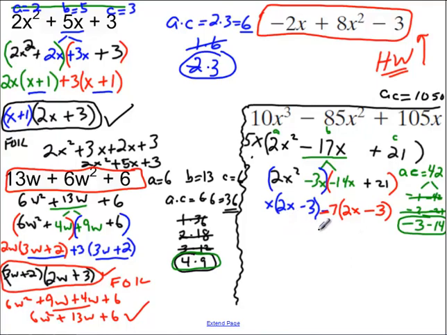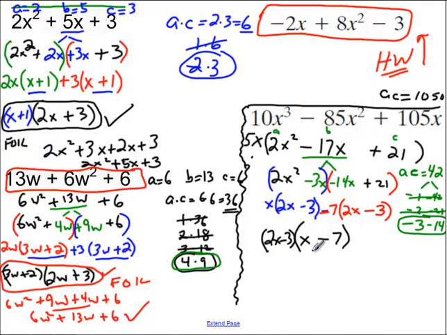So let's factor out a 2x minus 3 from this term and say, here's my 2x minus 3. And what is this term? X times 2x minus 3 divided by 2x minus 3? That's x. And you got to put this in parentheses now. What is negative 7 times 2x minus 3 divided by 2x minus 3, because we're factoring that out? That's minus 7. So there's my factorization.